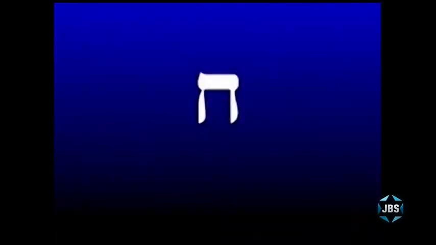Two Hebrew letters make this sound, which is called a guttural sound, since it comes from deep in the glottal area. It is a very common sound in Semitic languages like Hebrew or Arabic. The one Hebrew letter I want to teach you this lesson is the Hebrew letter Chet.